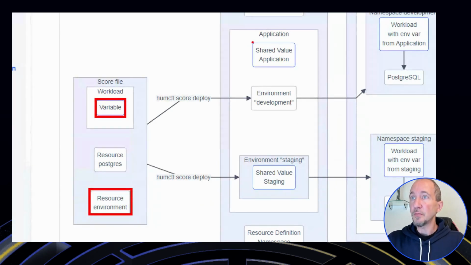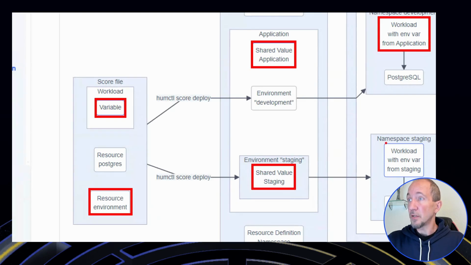And we provided both a shared value on the application level with one string and an overridden shared value on the staging level with another string. And those variables were extracted for the workload, and we got a different output for our development and staging environments, respectively. That's one way to provide environment-specific values for your applications and use them in your workloads.